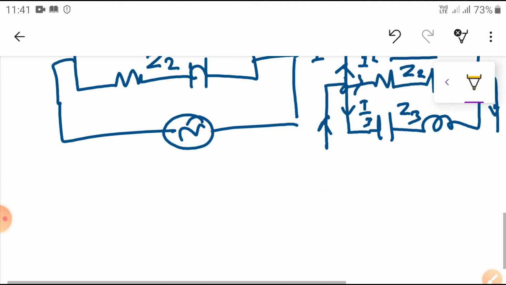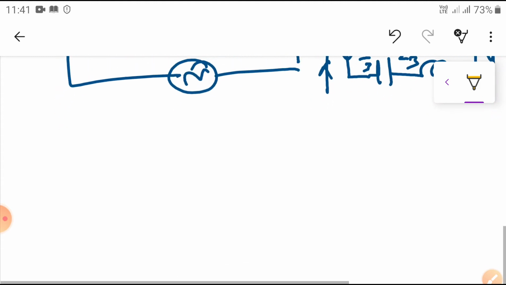What are the different methods to solve this? Dear students, series circuits we can solve very easily, but in parallel circuits we have to keep in mind that complex circuits may arise, so we have to take care while doing the calculations.